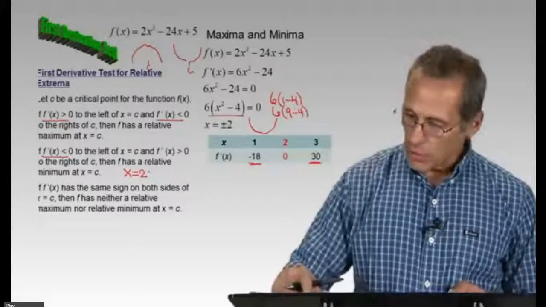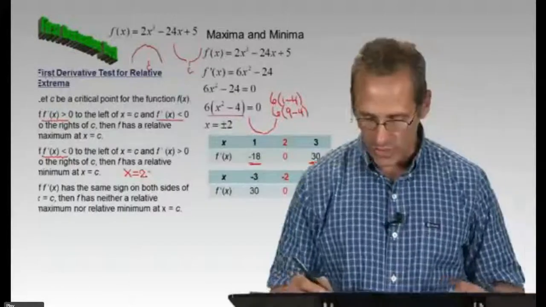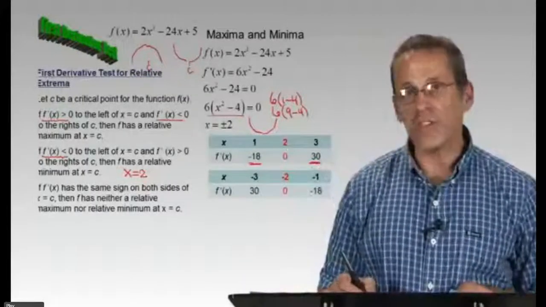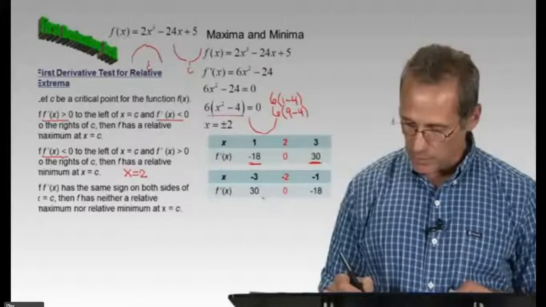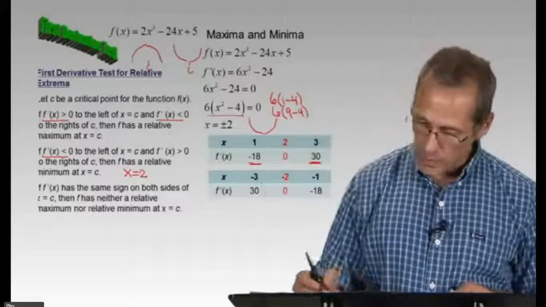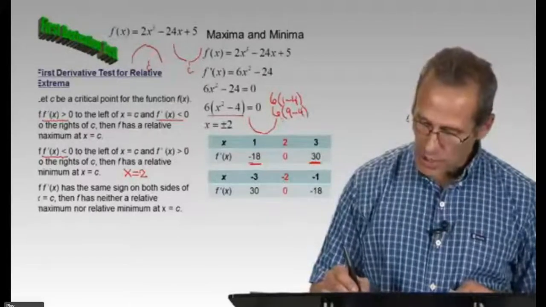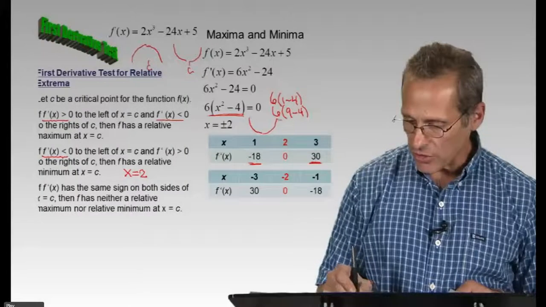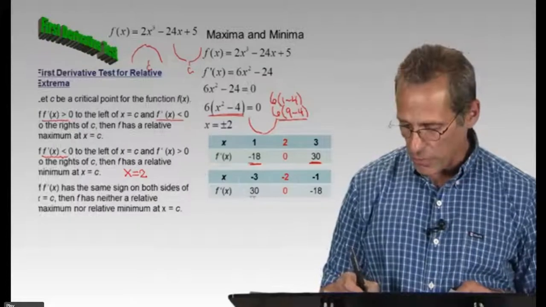Now let's construct a table for x equals negative 2. Select a number that's less than negative 2, which is negative 3. If I place negative 3 into the derivative, again we have the calculation 6 times 5, which is 30.